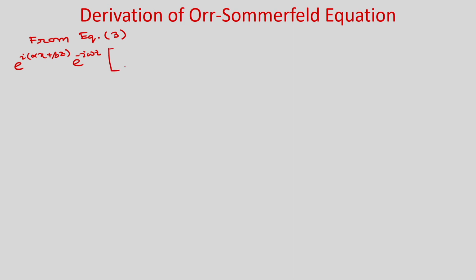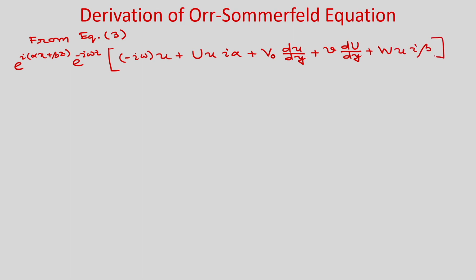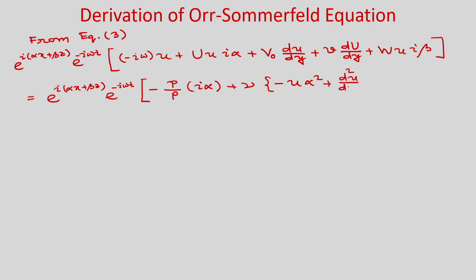If you take it common, then if you put all these derivatives, you will write minus i omega u plus u i alpha plus v naught du by dy plus v du by dy plus w u i beta, and in the right hand side you will get e to the power i alpha x plus beta z e to the power minus i omega t, and you will get minus p by rho i alpha plus nu minus u alpha square plus d 2 u by dy square minus u beta square.